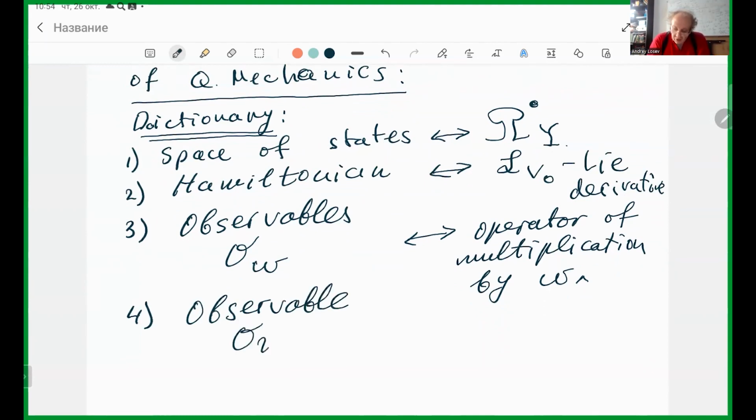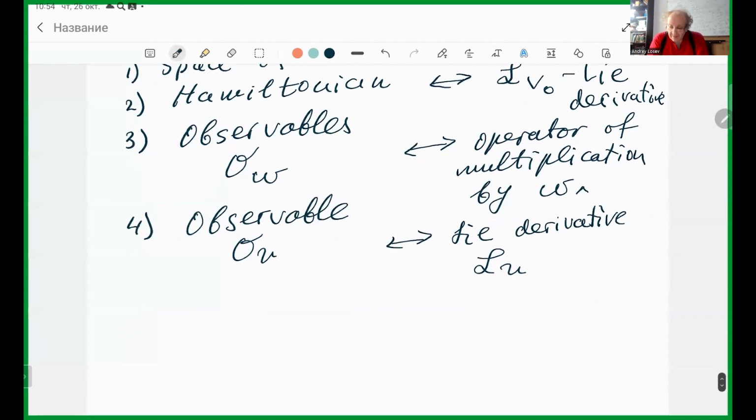Observable OU: Lie derivative LU. Correlator.